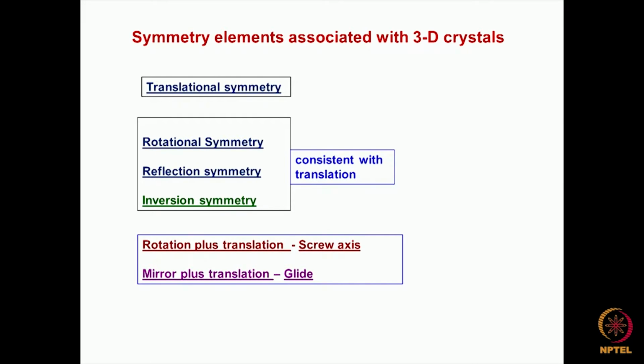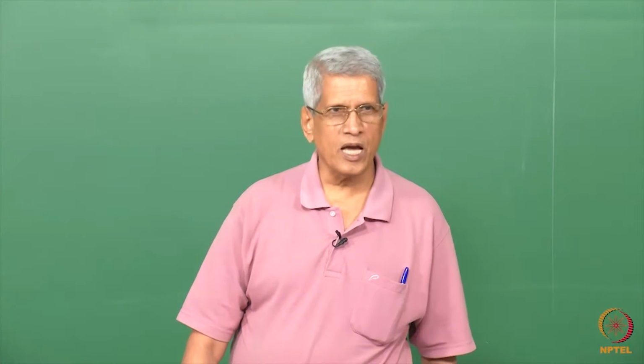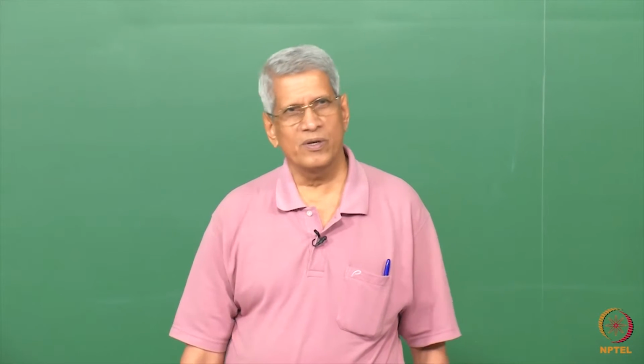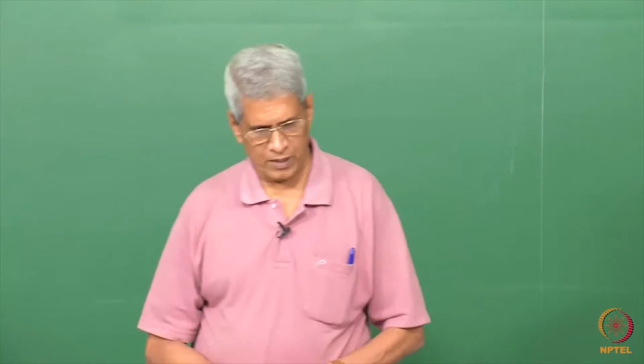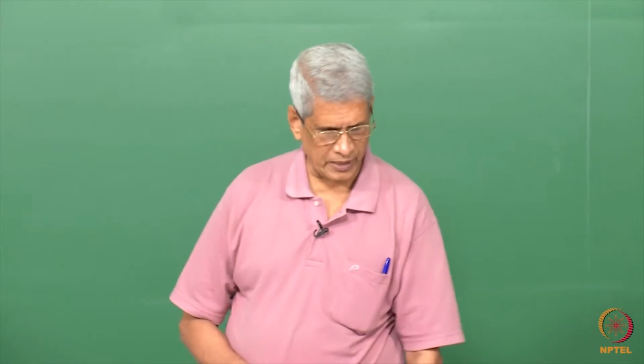In addition, combinations of rotation and translation, rotation and reflection, rotation and inversion, all three are possible. We can consider those cases also. So, these are all the cases which we will look at.